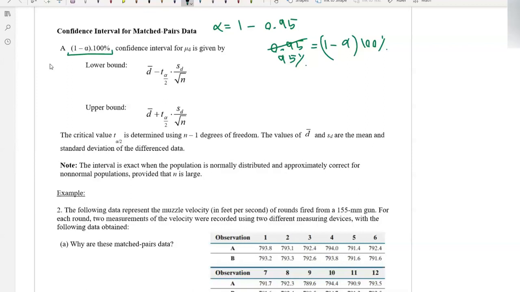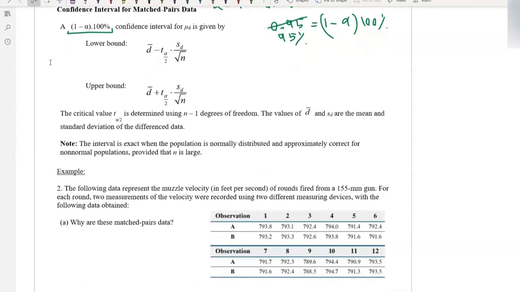So instead of subtraction, we add here. And our t is the critical value, and we got the answer for t using degrees of freedom, which is n minus 1.